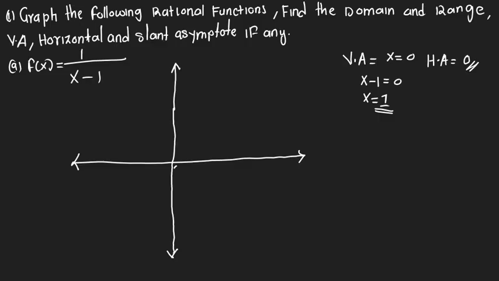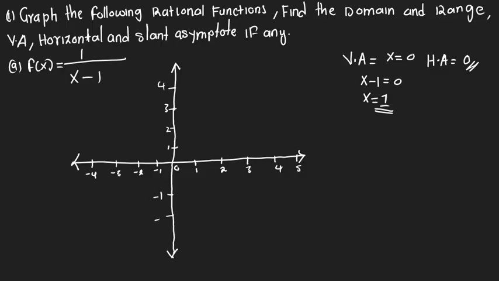So this is going to be 0, 1, 2, 3, 4, 5. Neg 1, neg 2, neg 3, neg 4, 1, 2, 3, 4.